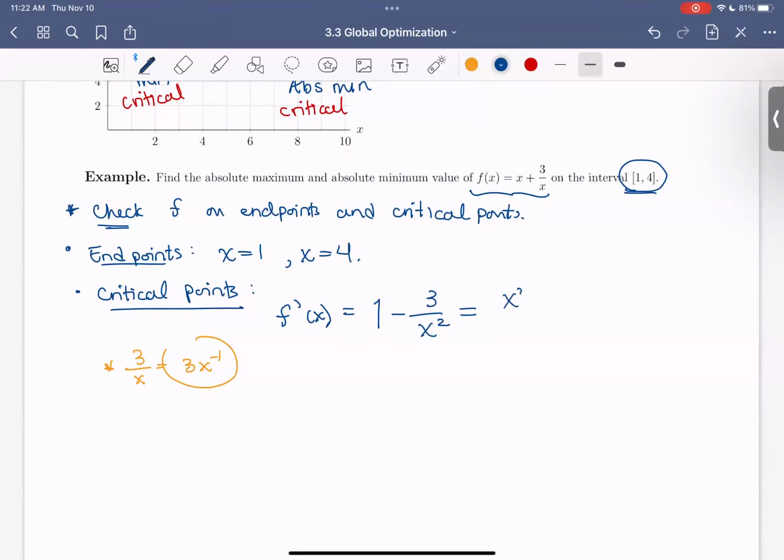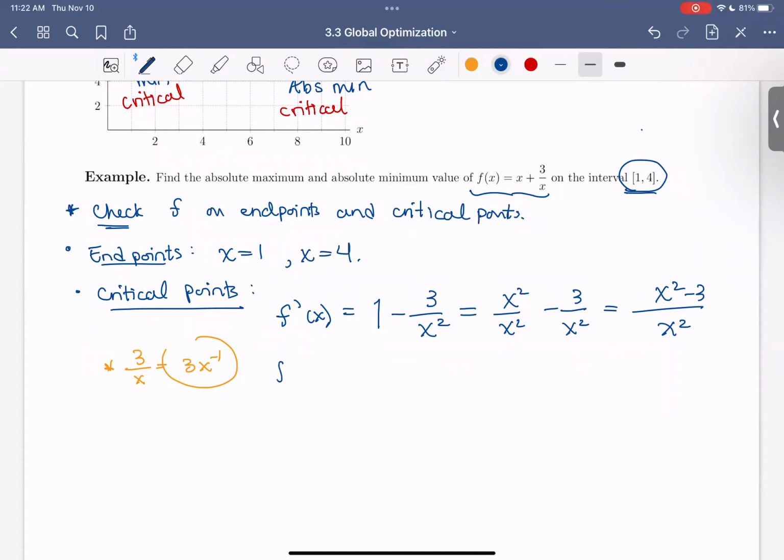I have x squared over x squared, which is the same thing as 1. So I can rewrite 1 that way, and then subtract 3 over x squared. Now I can combine these two fractions with the same denominator: x squared minus 3, all over x squared. All right, so there we have our derivative.